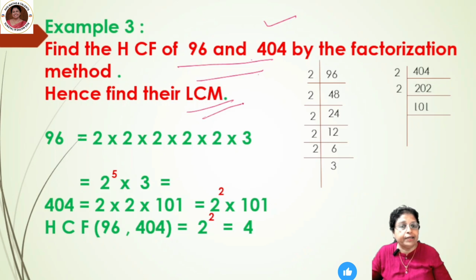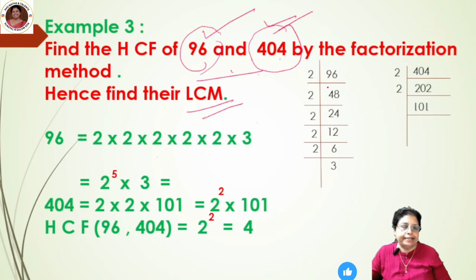So how can you find it out? Now we have got a relation between LCM and HCF: the product of HCF and LCM will be equal to the product of the numbers.